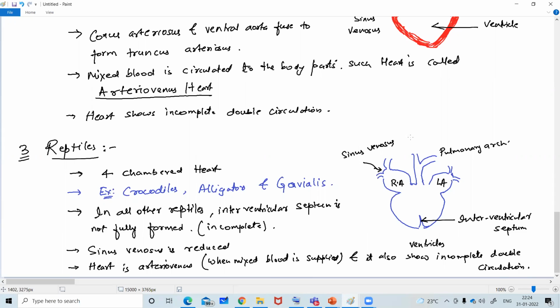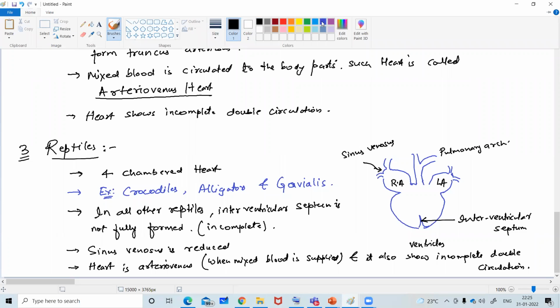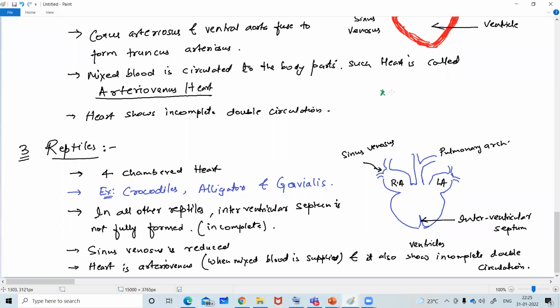So now the question is what about conus arteriosus, the top one? In the case of reptiles, I will write here that conus arteriosus has now been divided into three branches. So this is one, this is two, and there is one more behind like this. This is the third.